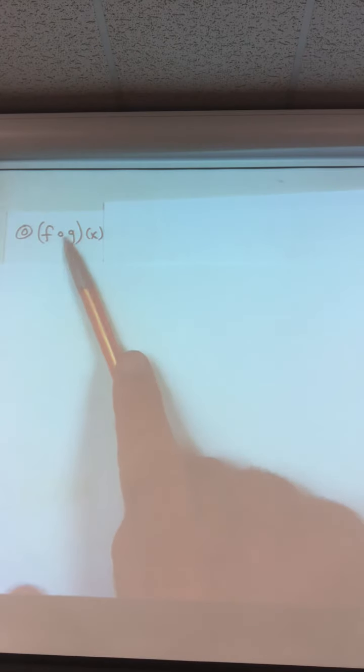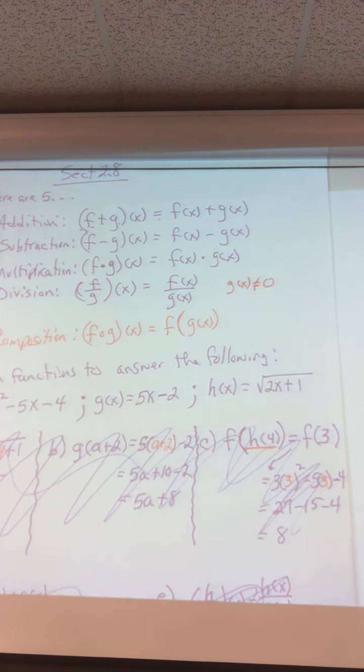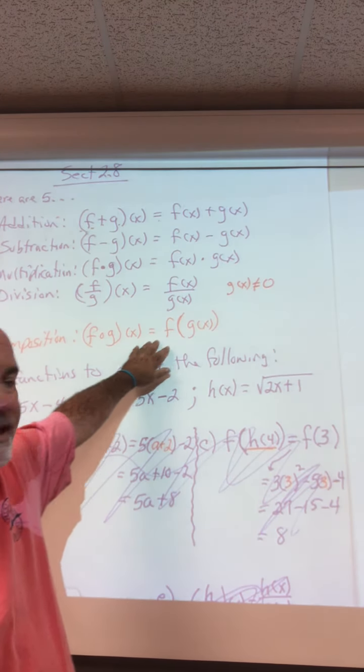All right, first on composition, you're just going to have to memorize this. F composed with G of X. If you'll remember, I gave you the definition of what composition is. Now, let me just show you an easy way to remember how to use the composition definition.